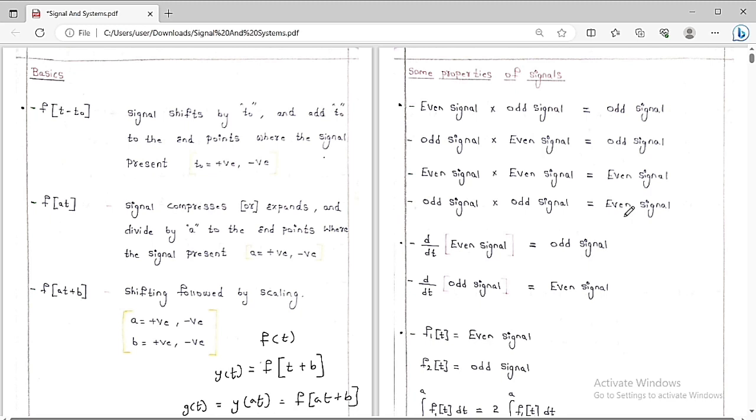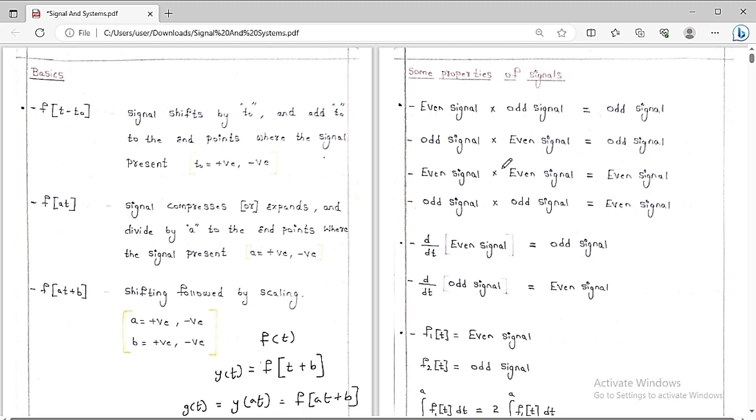So these are the properties of these signals. Even signal into odd signal is equal to odd signal, odd into even signal is equal to odd signal, even into even signal is equal to even signal, odd into odd signal is also equal to even signal. So this is what I am trying to tell you.